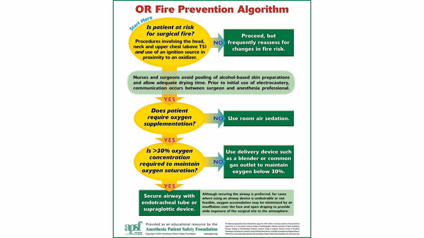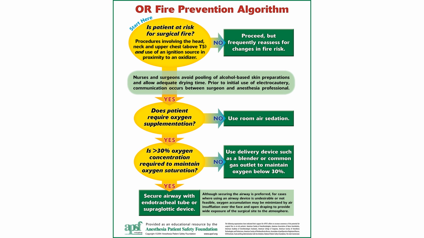Next, does the patient require supplemental oxygen? If no, use room air only. If yes, does the patient need greater than 30% FiO2? Why 30%? Because over 30% FiO2, basically anything can be fuel for a fire. If no, then use less than 30% FiO2.